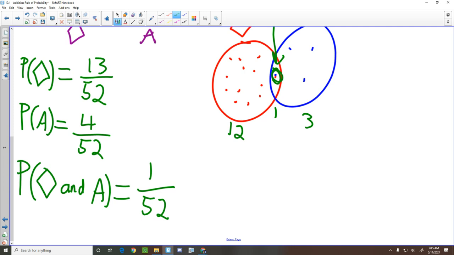So that's the probability of A and B right there. And so then using this formula, probability of A plus the probability of B minus the probability of them both occurring, because we kind of double dipped. We counted that thing twice because it wasn't mutually exclusive.